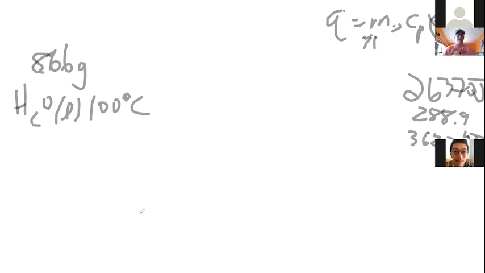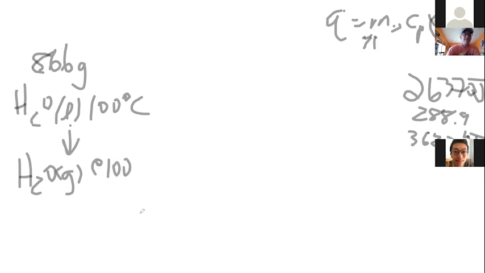Something magical happens. What is that magical thing that happens at 100 degrees? The water turns into a gas. That's right. So I need to boil the water. Next, I need to take my liquid water and convert it to a gas, also at 100 degrees.